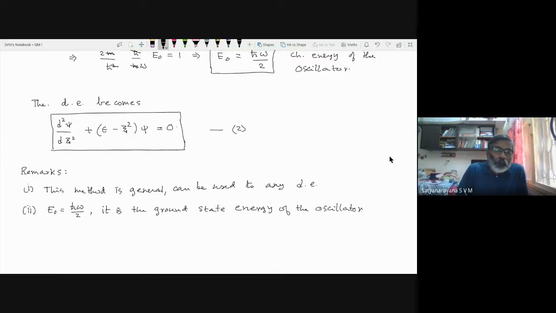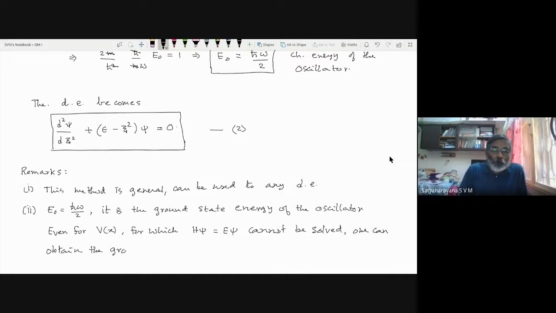That means even for a V of x for which H psi is equal to E psi cannot be solved, one can obtain the ground state energy by this procedure.